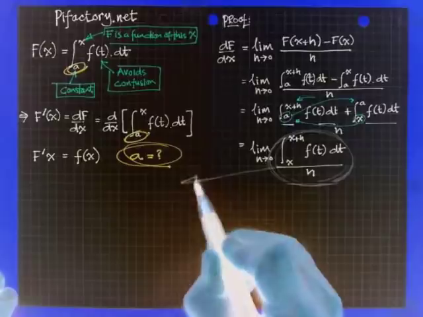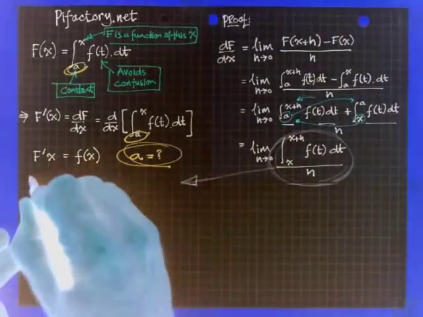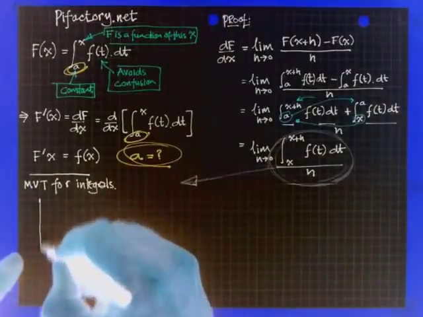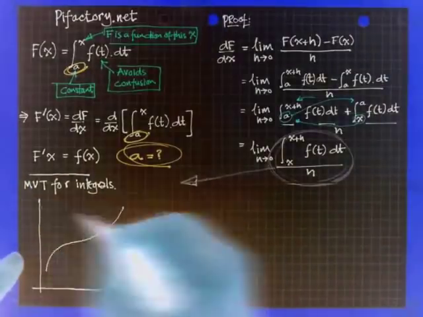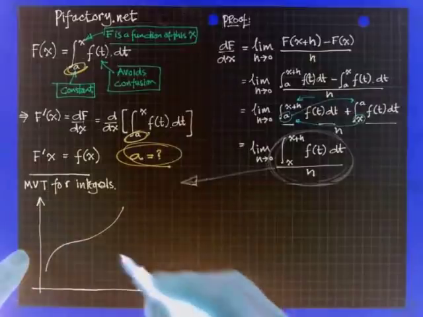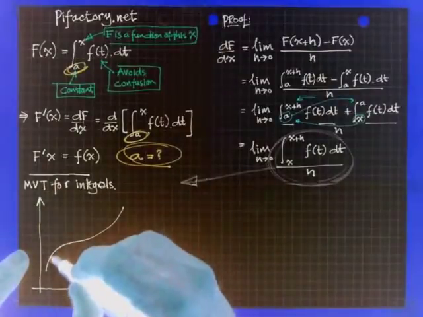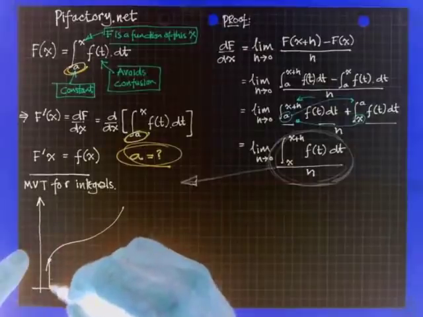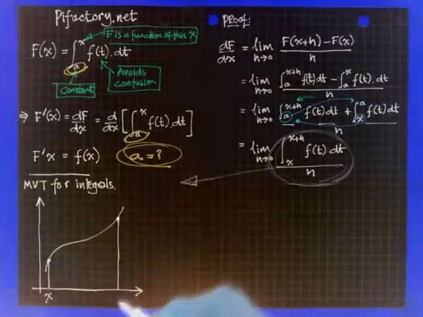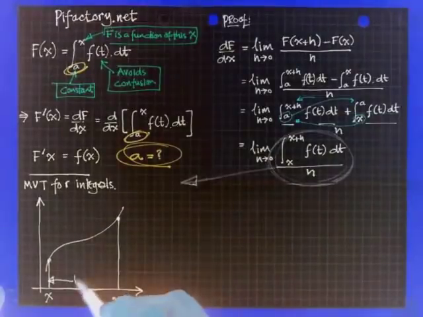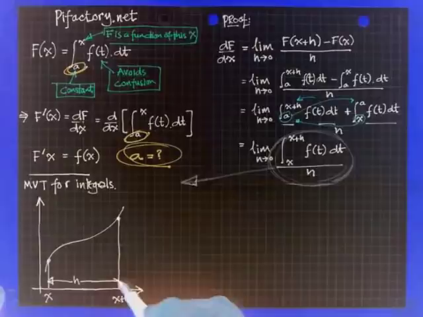But let's look a little bit closer at this integral, and let's recall the mean value theorem for integrals. Let's draw in our axes, draw in a function, give it a lower bound of x and an upper bound of x plus h. So the difference between these two, the interval, is the distance of h.